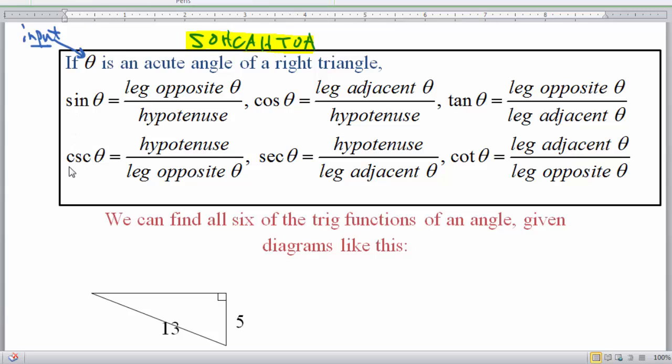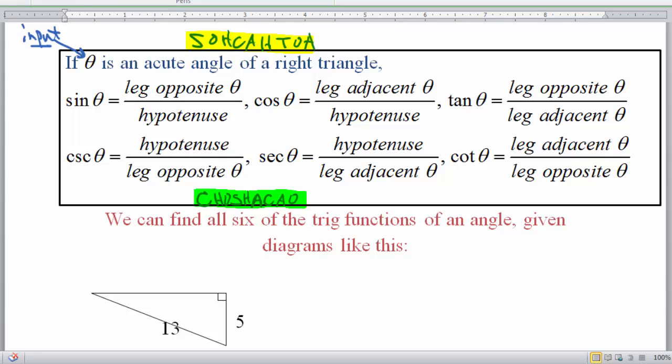I always like to give the second word also, which is CHOSHIKAU. What does CHOSHIKAU stand for? Cosecant is the hypotenuse over the opposite, secant is the hypotenuse over the adjacent, and cotangent is the adjacent over the opposite.